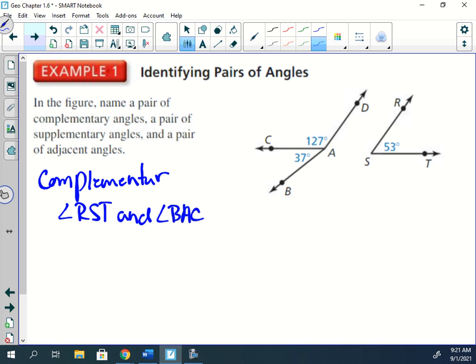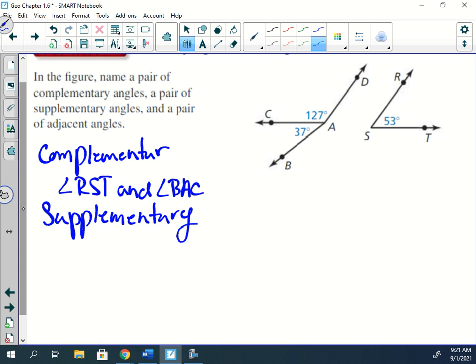Now our supplementary. That may be why they look a little different.